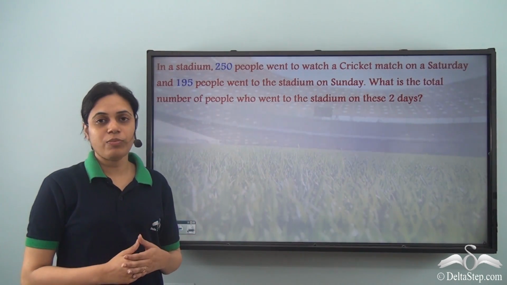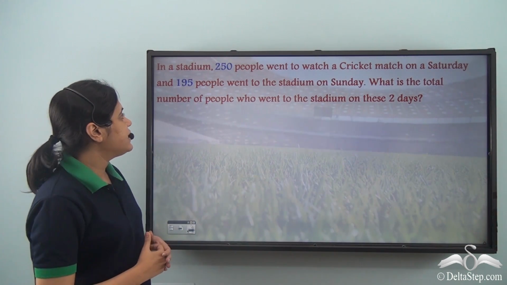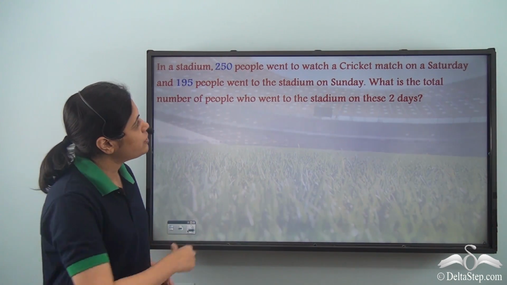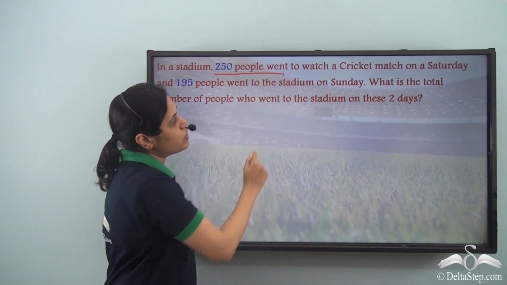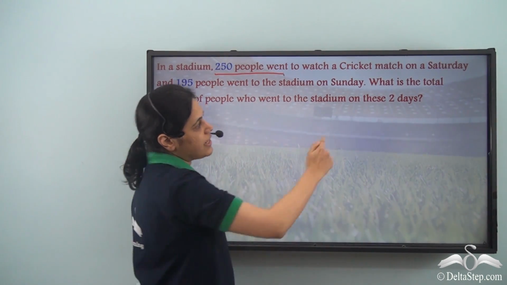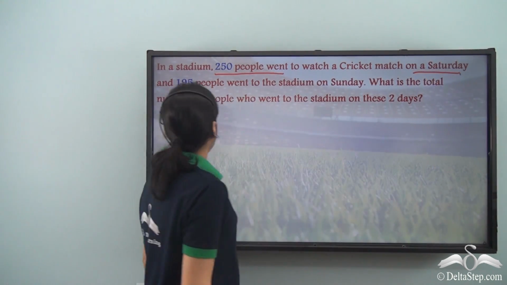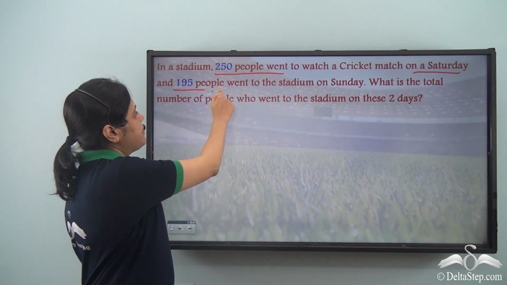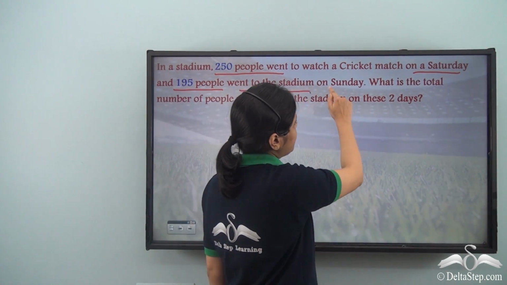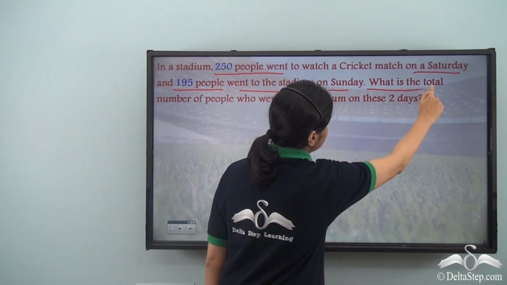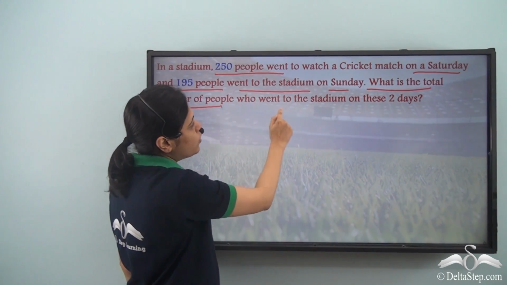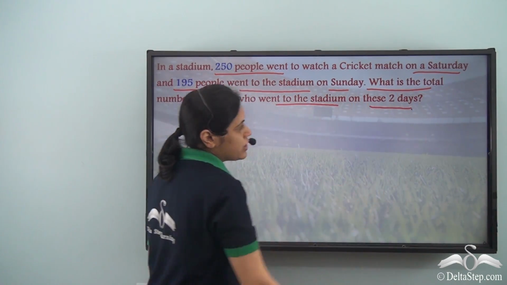So we have a word problem here which says: in a stadium, 250 people went to watch a cricket match on a Saturday and 195 people went to the stadium on Sunday. What is the total number of people who went to the stadium on these 2 days?